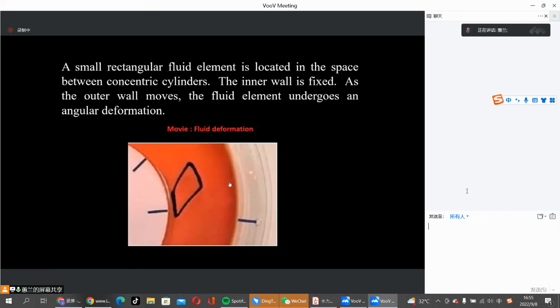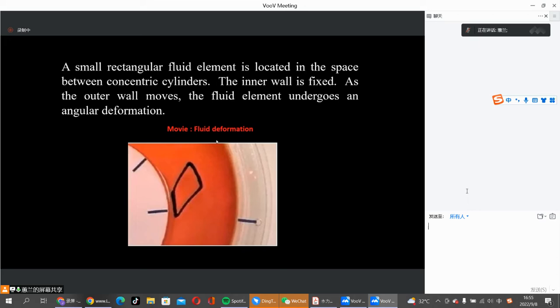Just like from this movie, we can see it. The inner cylinder is fixed, the outer is rotating.